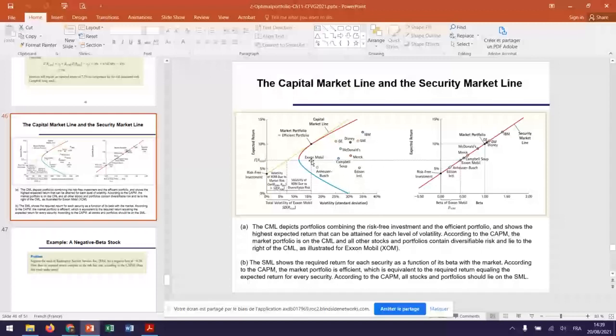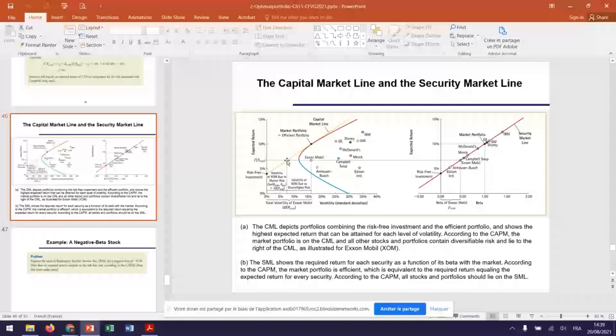You can see Exxon Mobil has a volatility of 16 or 17%, where the expected return is about 7. If I cross to the left, I touch the capital market line at this point.